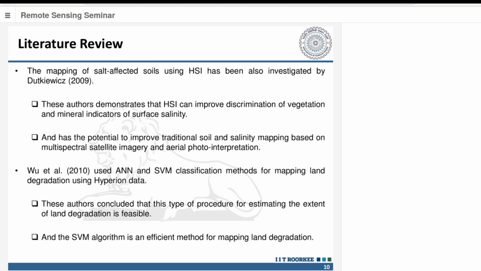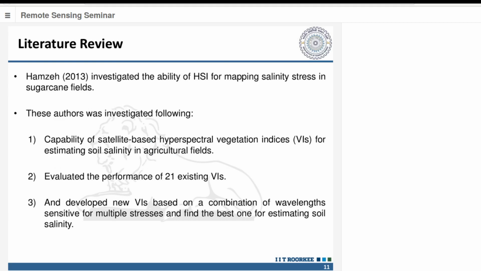Some authors also use artificial neural networks and support vector machine based classification methods, and they use satellite data as well as airborne data as well as spectroradiometer field data.